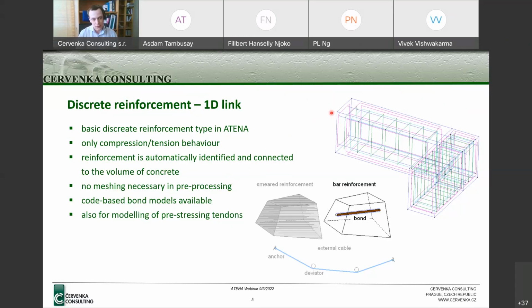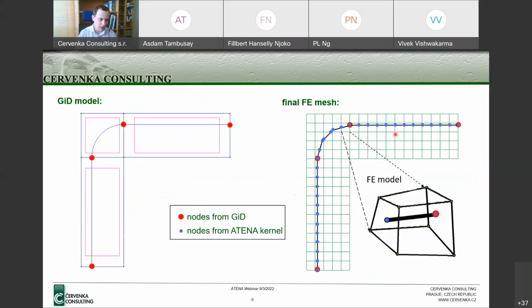So, for example, consider that I have a model, this kind of L-shaped beam, and I place the reinforcement inside of the concrete volume. When I look from the top on my model, and maybe this is not so realistic, but for the sake of this example, the reinforcement bar, as indicated here, is curved in the corner.